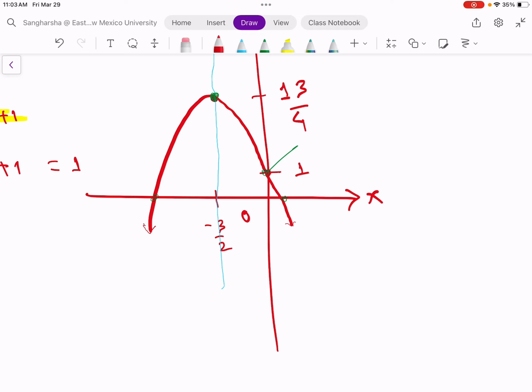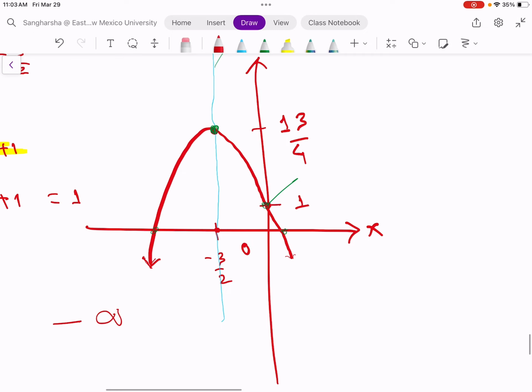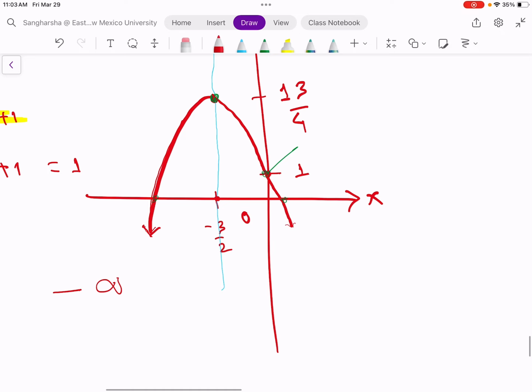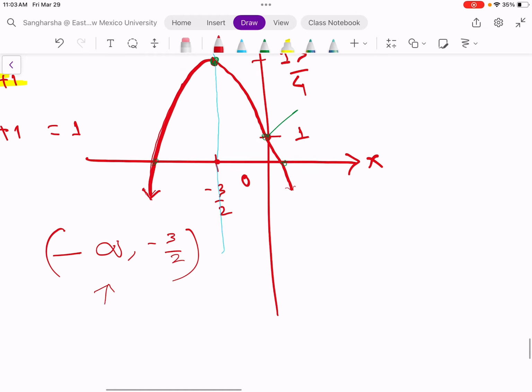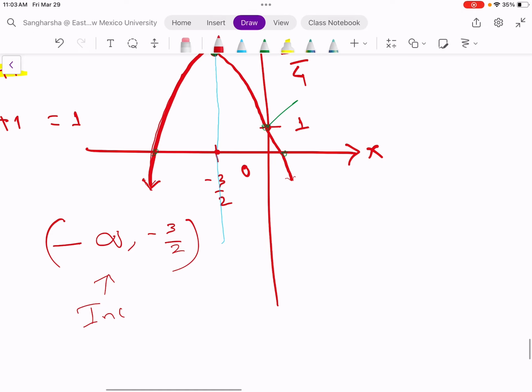So let's say we start at negative infinity on the left, and as we move from negative infinity to this point, which is the x coordinate of the vertex, our function is going up, right? It means the function is increasing. So the interval where the function is increasing is negative infinity to negative 3/2.